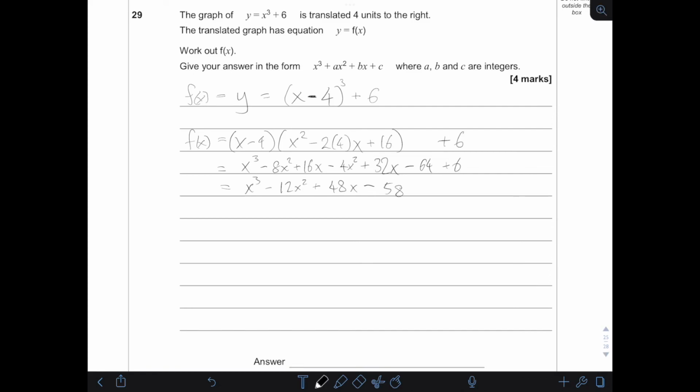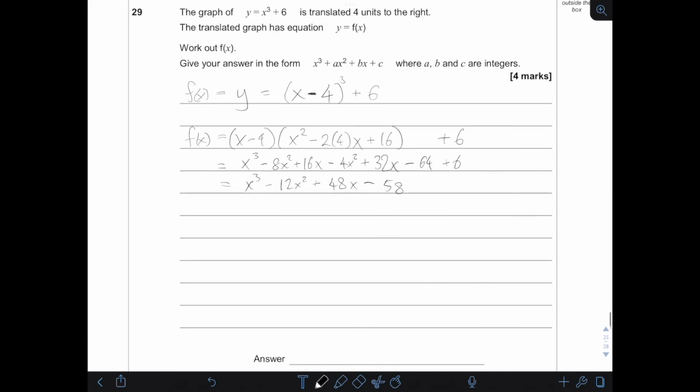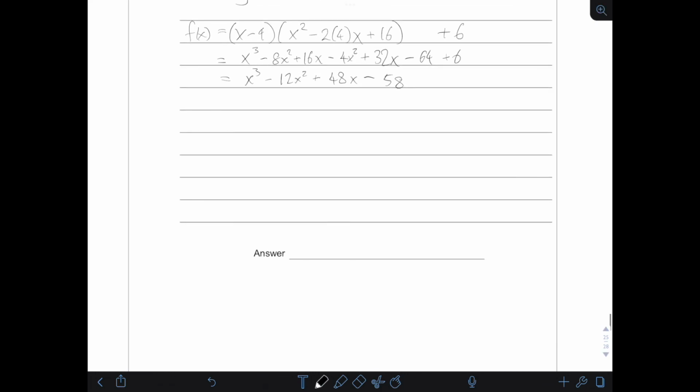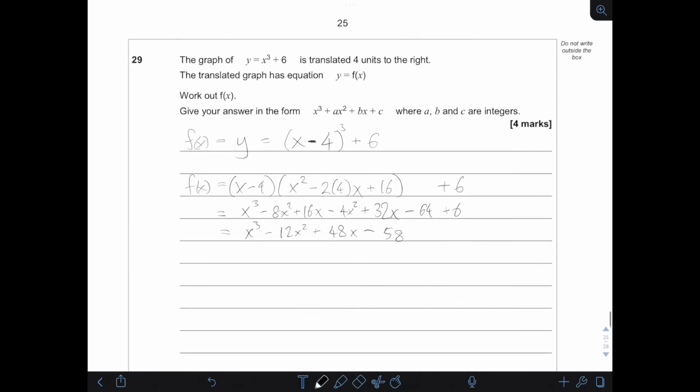Yeah, so that's the expanded version. So the answer is x cubed minus 12x squared plus 48x minus 58. And that's all of this paper.